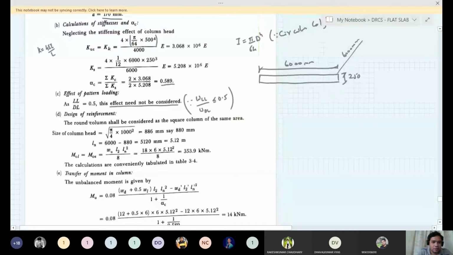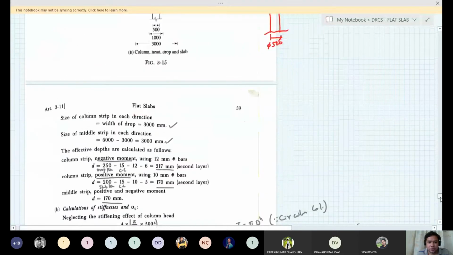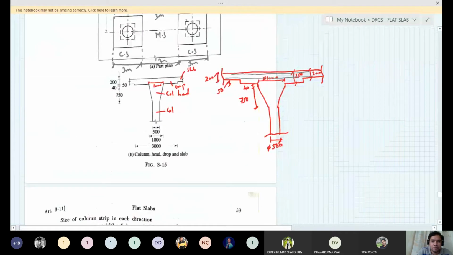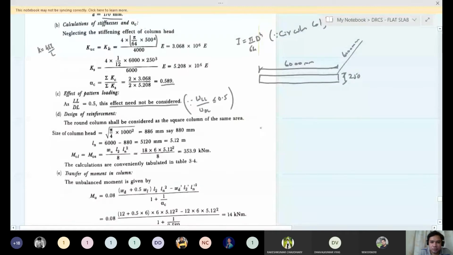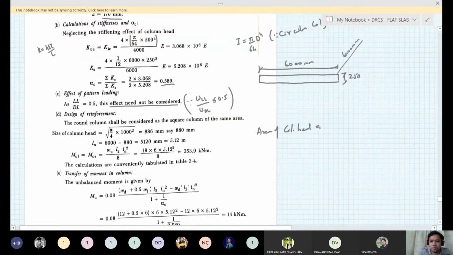Now the design of reinforcement. So here we'll convert the column head diameter in the column head into an equivalent rectangular. So you can do this by equating the area of the column head. Area of column head is pi by 4 into 1000 squared, and you equate it with the area of the equivalent square.